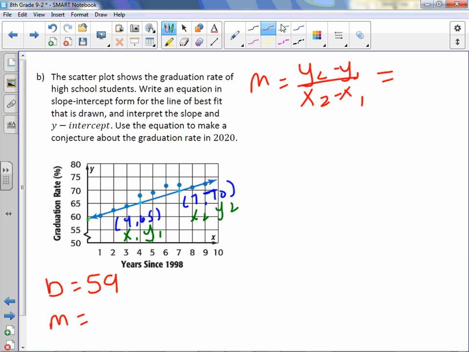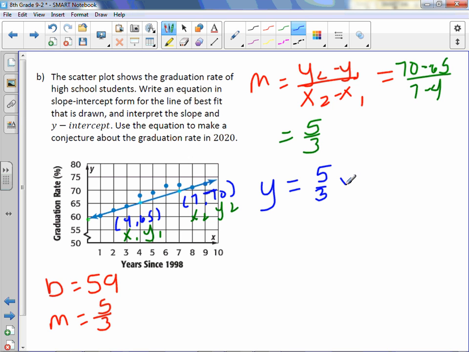And let's plug them in. 70 minus 65 over 7 minus 4, which equals 5/3. So our slope is 5/3, and we can leave it as a fraction. So if we have our slope and y-intercept, our equation is y equals 5/3 x plus 59.